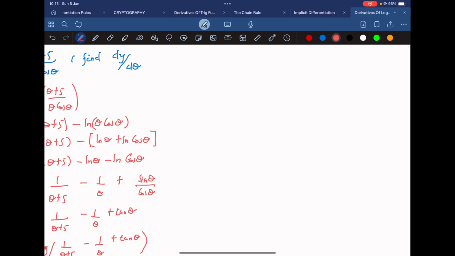Okay, so let's look at a fourth question. So we have this. How do we differentiate this? We have to find dy dx. So always add natural log to both sides.